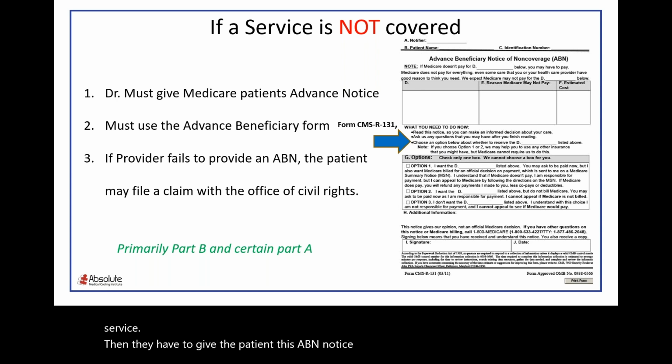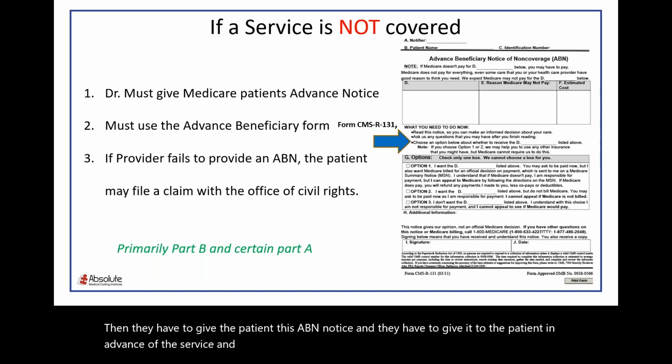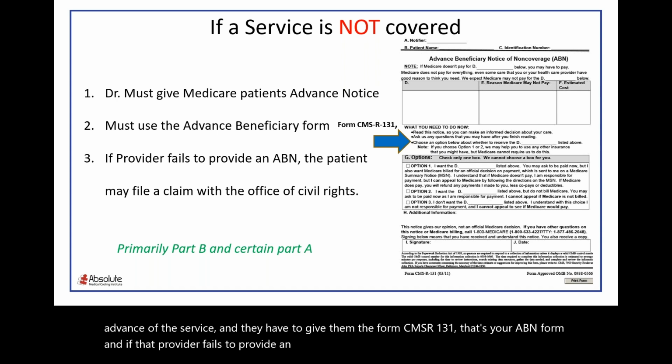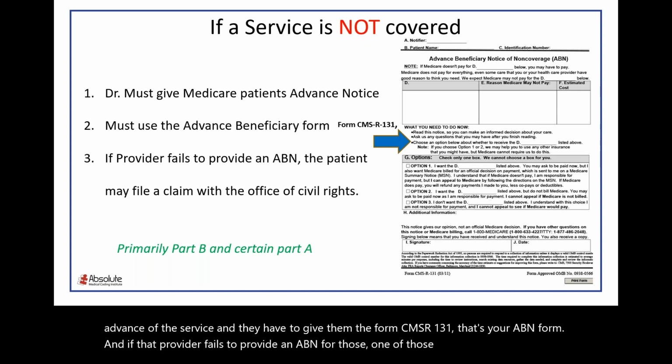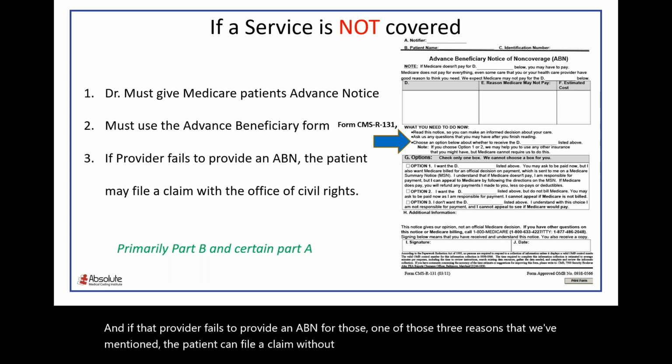And they have to give it to the patient in advance of the service. And they have to give them the form CMS-R131. That's your ABN form. And if that provider fails to provide an ABN for one of those 3 reasons, the patient can file a claim with the Office of Civil Rights.